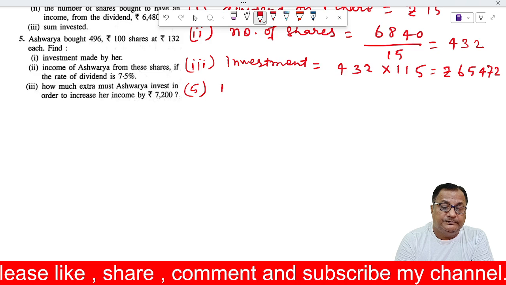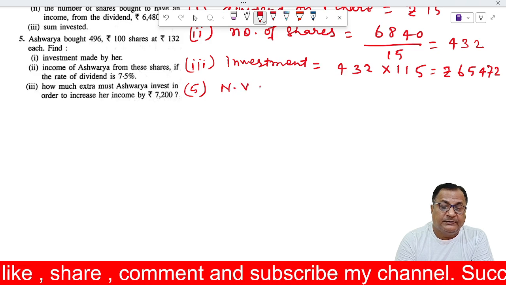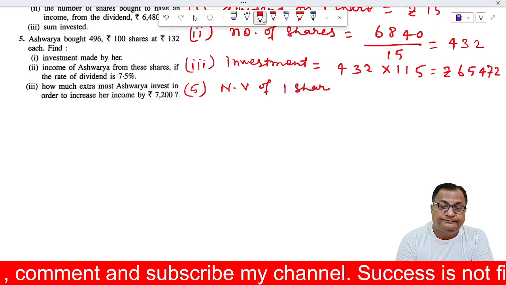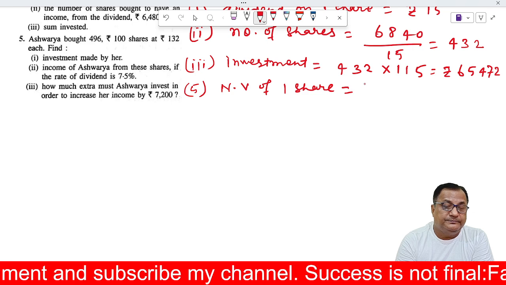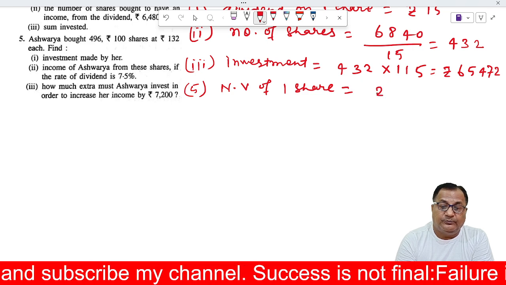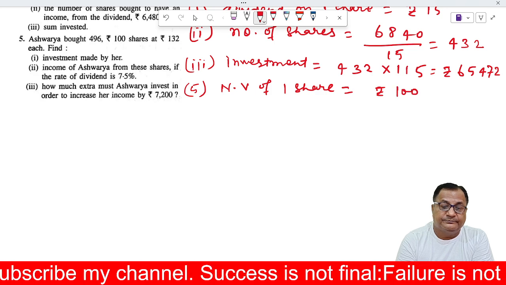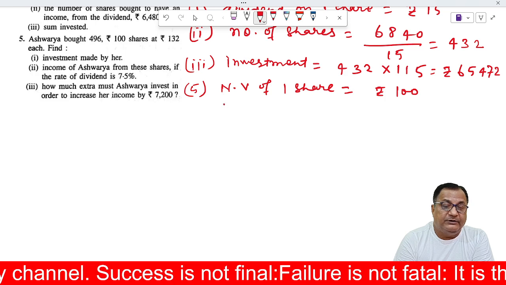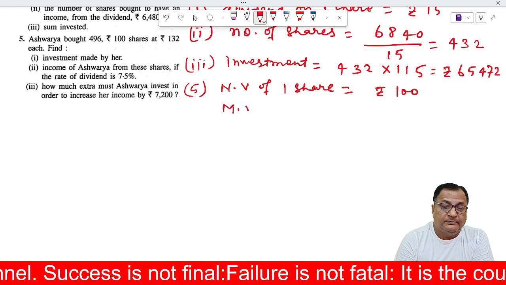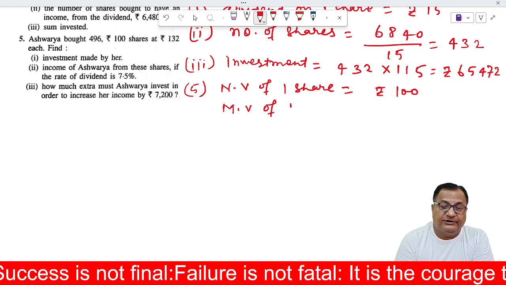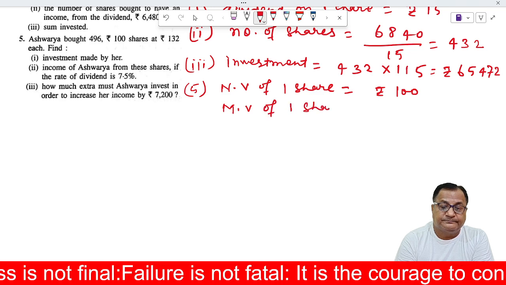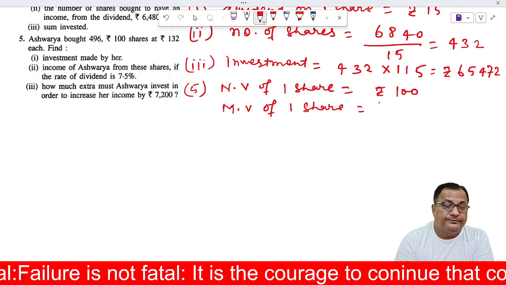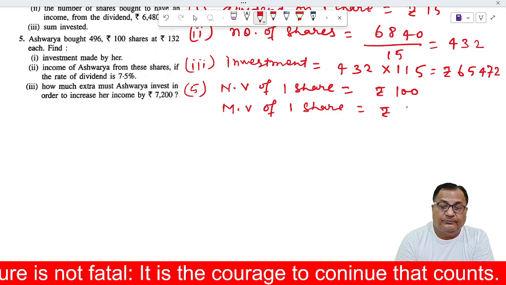Nominal value of one share is equal to rupees 100. Market value of one share is equal to rupees 132.